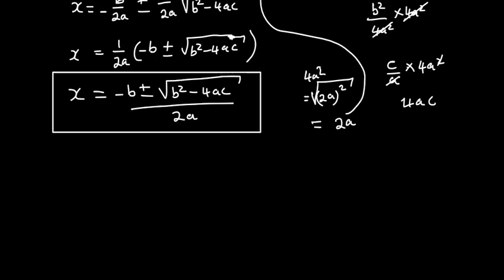If you want to see if something is factorizable, you take the square root part, b squared minus 4ac. If you put your values in there and you find that you get a whole number, it means it's factorizable by whole numbers.